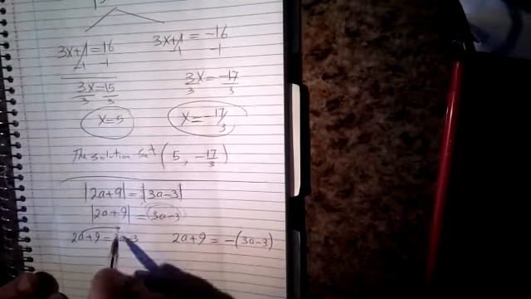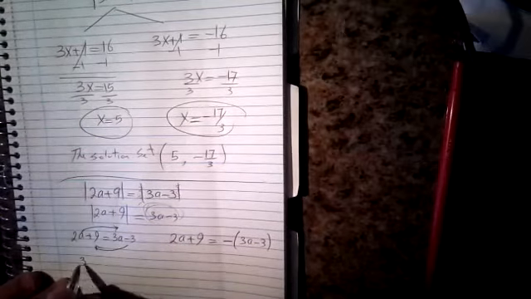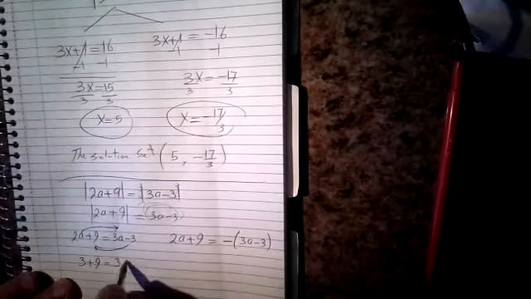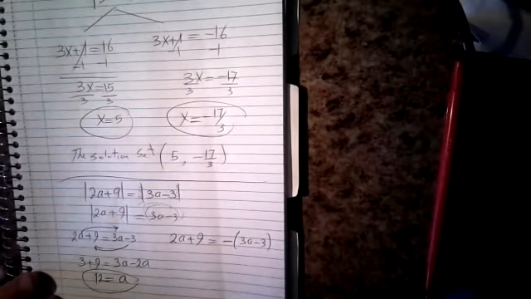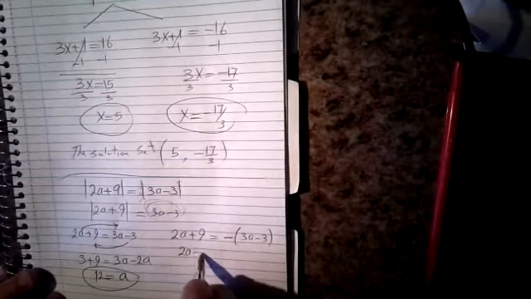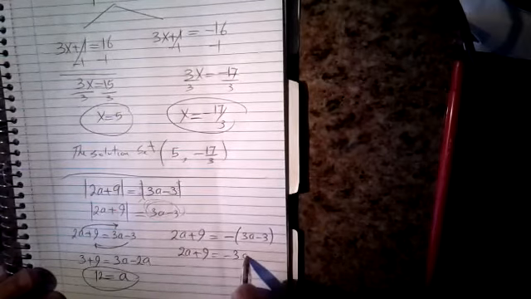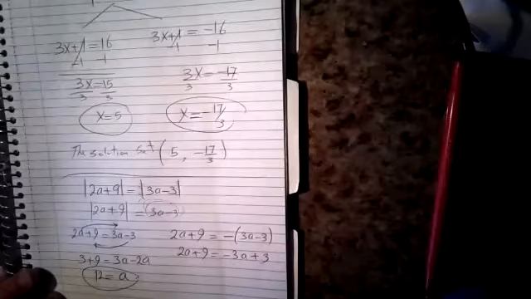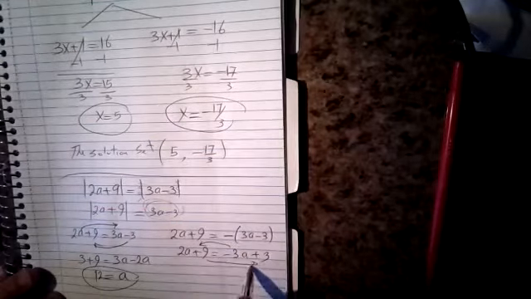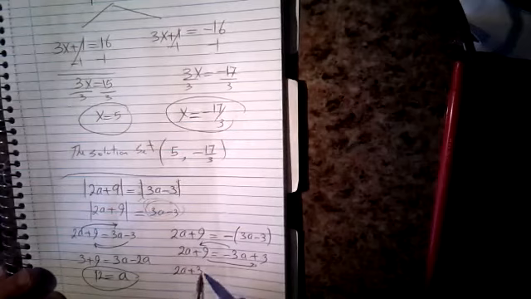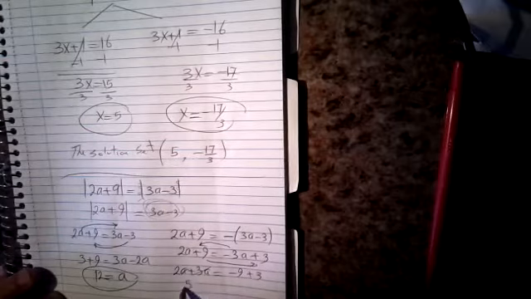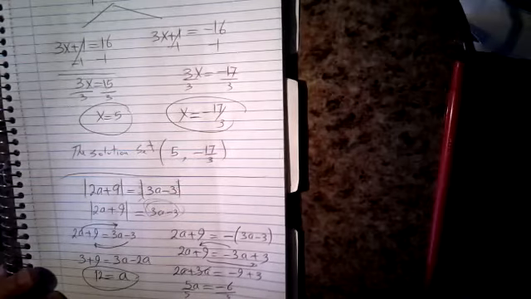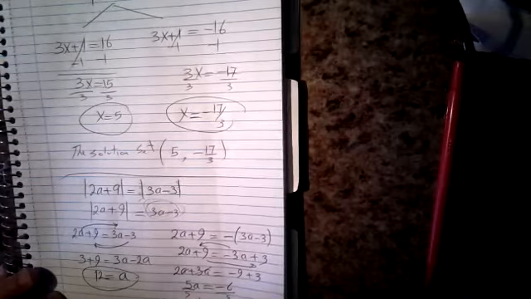So 2a comes to this side, 3 goes to that side. So a is 12, that's one answer. In the other, 3a goes to this side, 9 goes to the other side. a is minus 6 over 5.